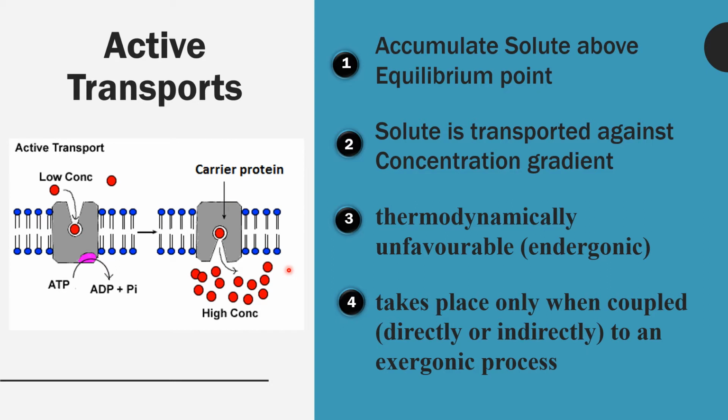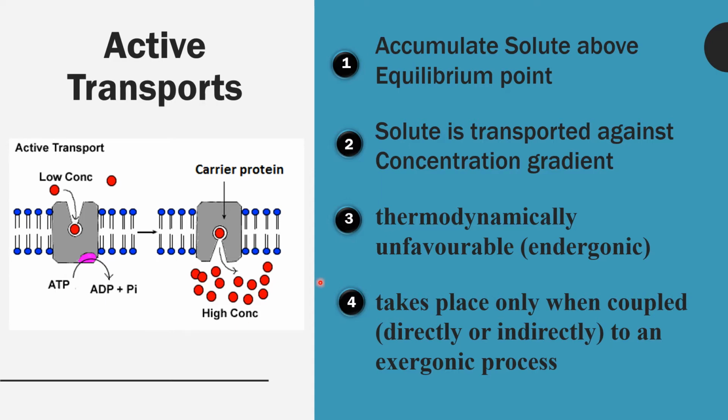So there is high concentration of solute inside the cytoplasm, low concentration in the periplasm. So against the concentration gradient, there is transport of solute molecule. Therefore this is an energetically unfavorable reaction. It is an endergonic reaction. It has to be coupled with another exergonic reaction. This is generally the active transport.